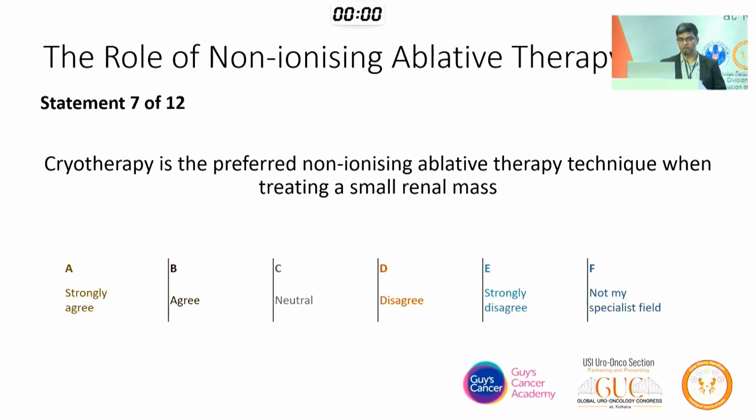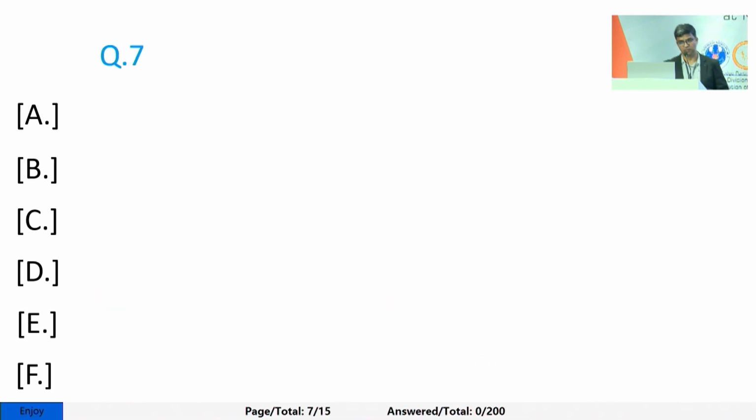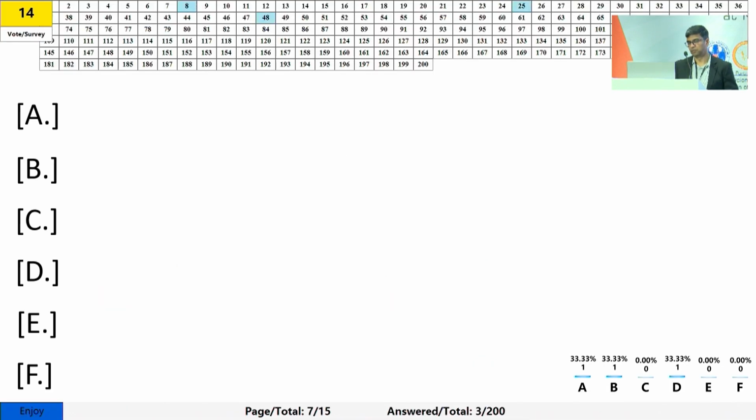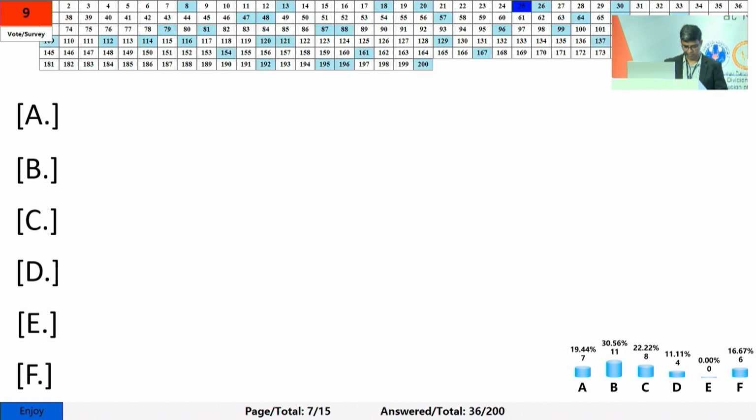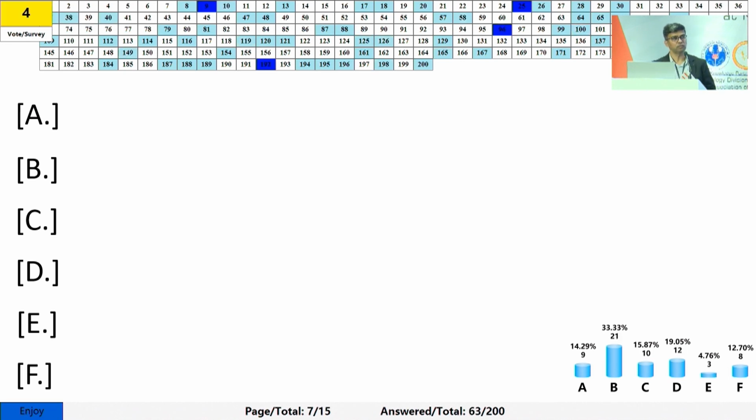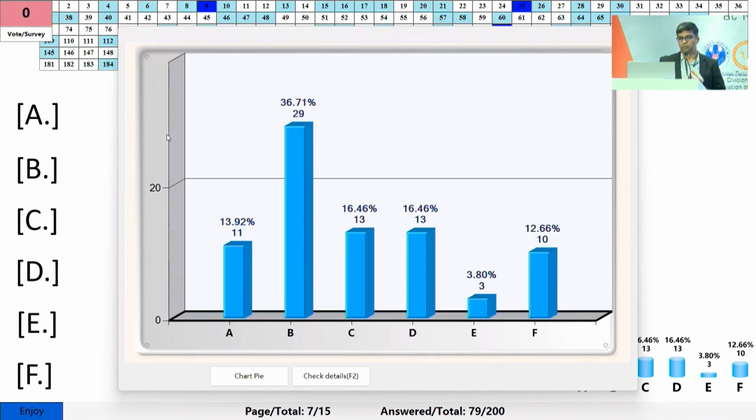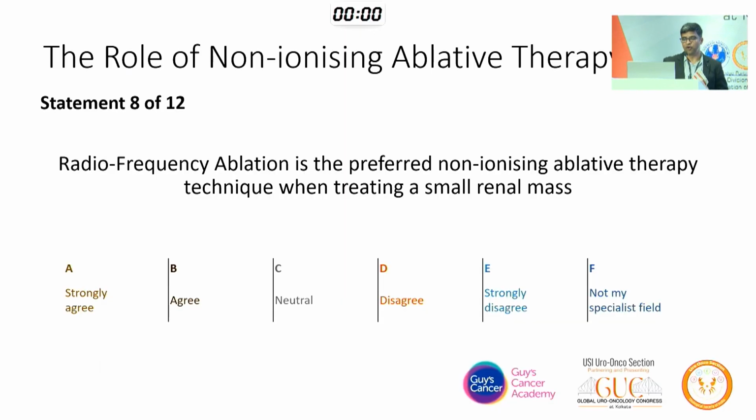Now, cryotherapy is a preferred non-ionizing ablative therapy technique when treating small renal masses. Next, radiofrequency ablation is a preferred non-ionizing ablative therapy technique when treating small renal masses.